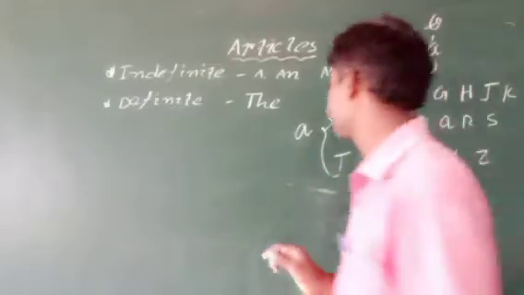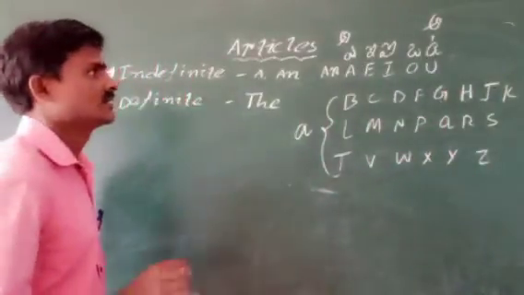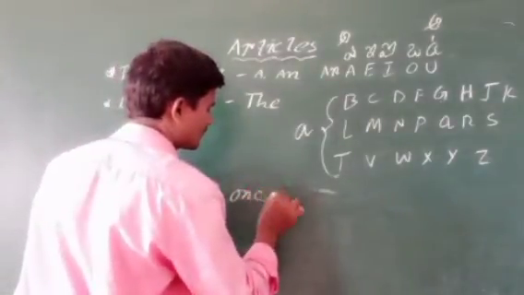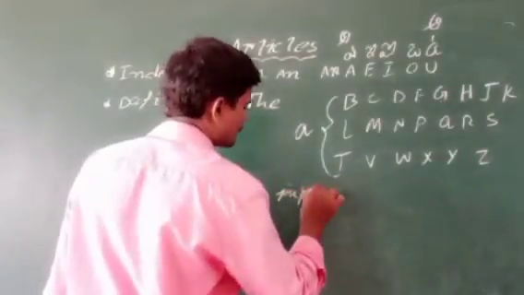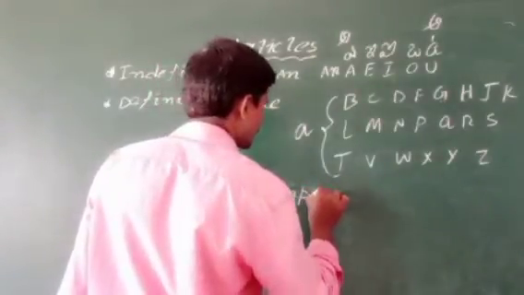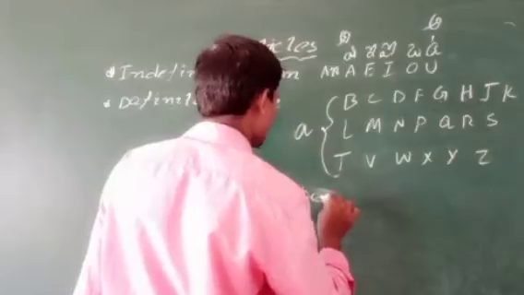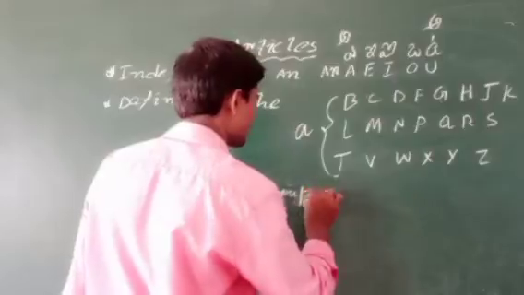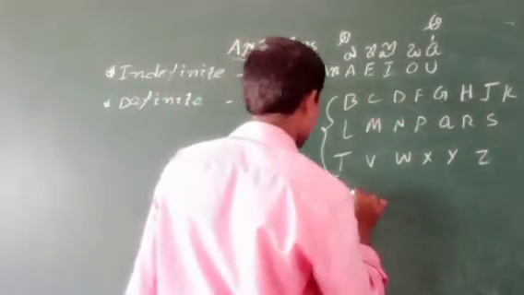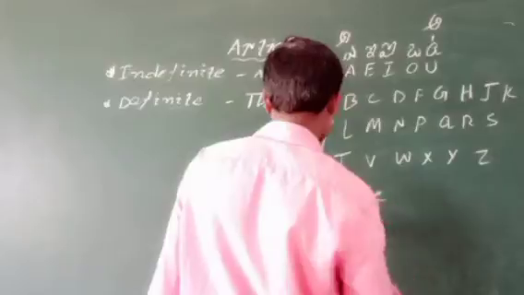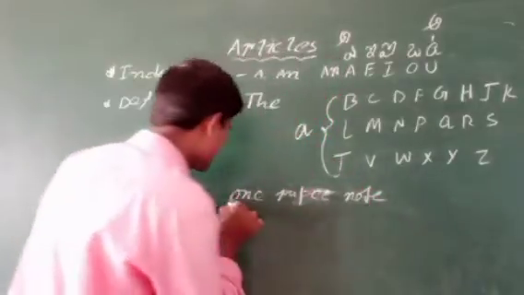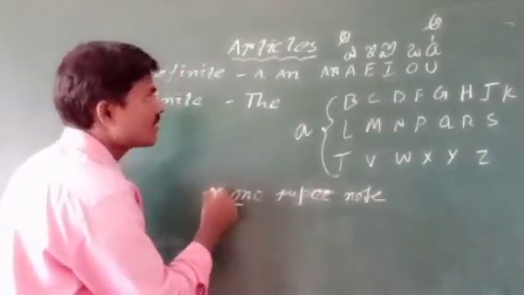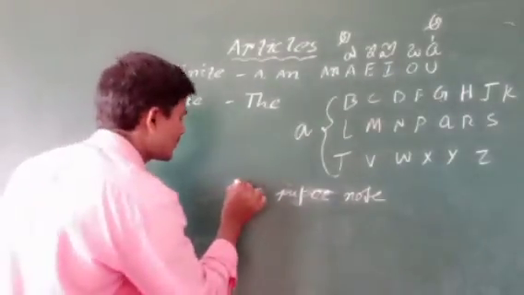For example, one rupee note. Here you are not pronouncing O, you are pronouncing wa.